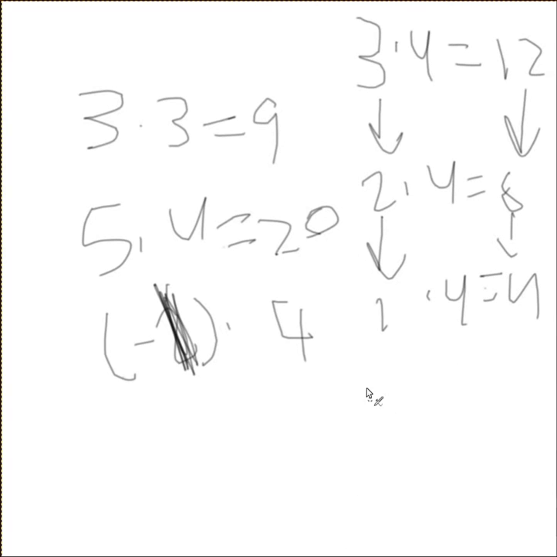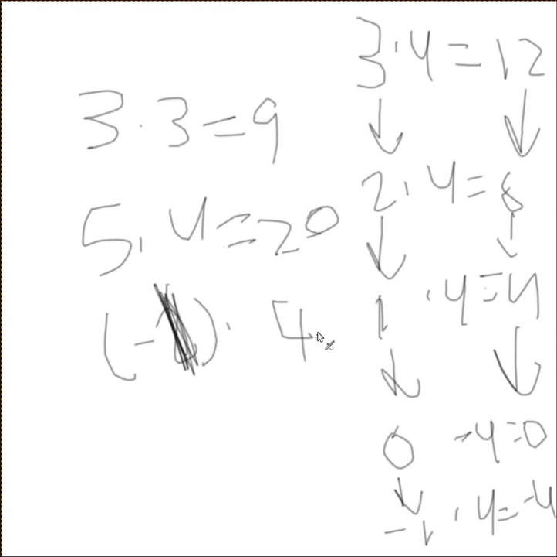And they're directly proportional. So, turn this to 0, decreases by 4. Negative 1, decreases by 4. So this is negative 4. So, it looks like multiplying a number by negative 1 is the negation.